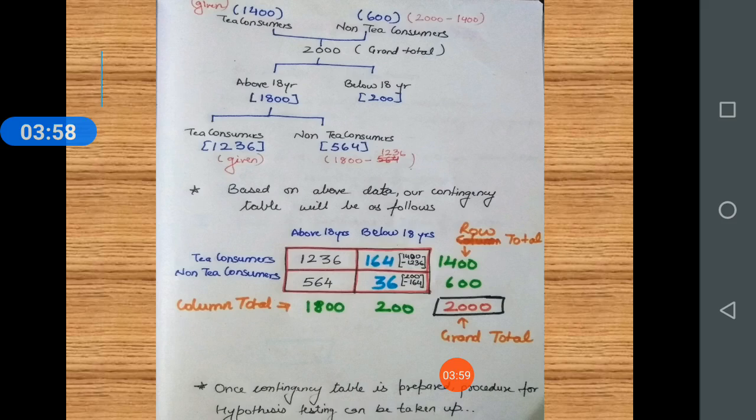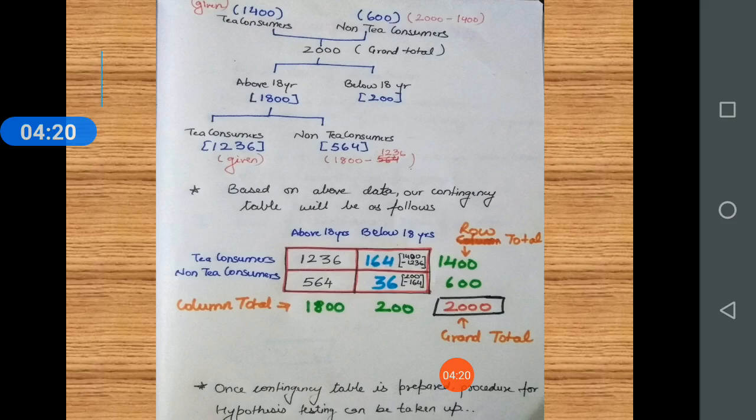Out of these 1800 people, the tea consumers are 1236 and the non-tea consumers are 564, which we have already calculated. Also, it was given to us that the total tea consumers or the row total was 1400 and the total non-tea consumers were 600.